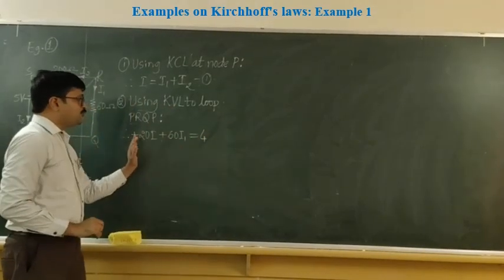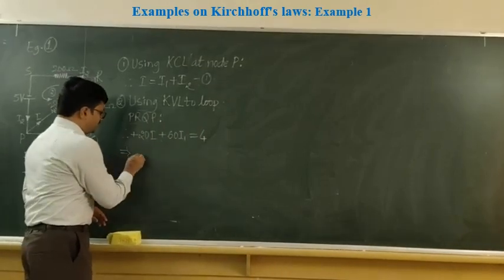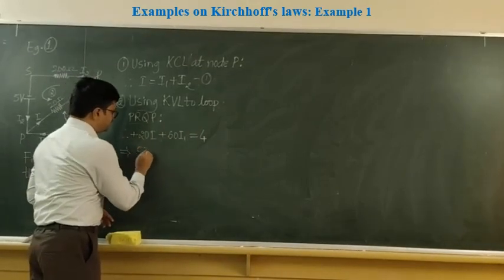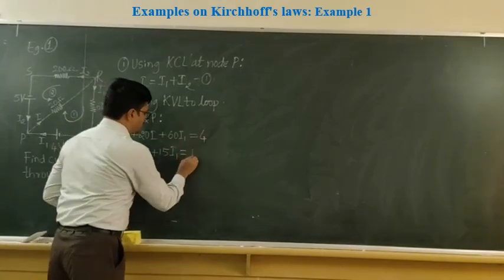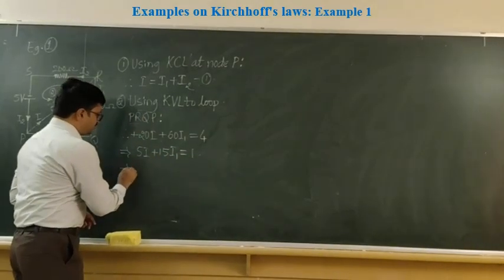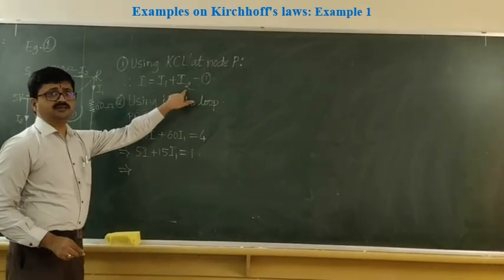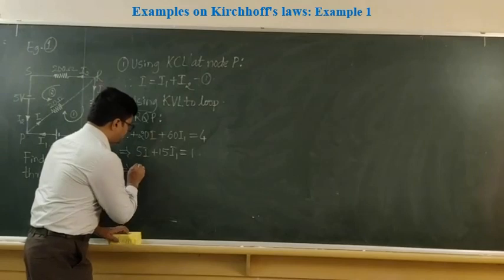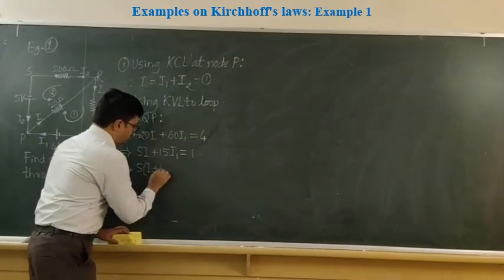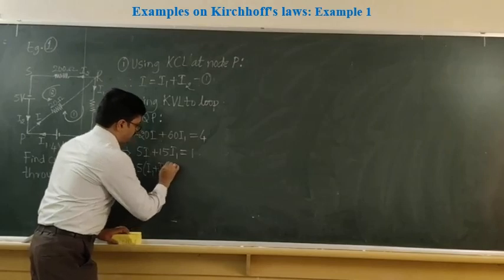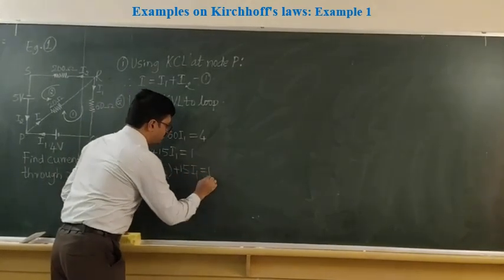Now I will take 4 as common on both LHS and RHS. So accordingly I will get this as 5I plus 15I1 is equal to 1. Now I will introduce the value of I in this particular equation. I is equal to what? I1 plus I2. So therefore I will write this as 5 into (I1 plus I2) plus 15 I1 is equal to 1.